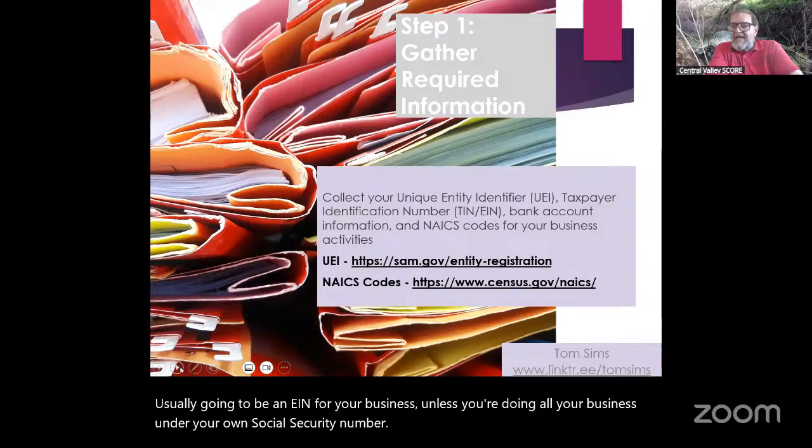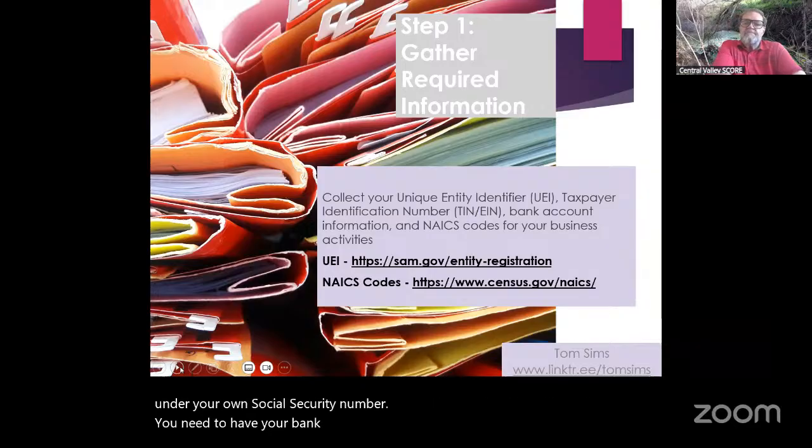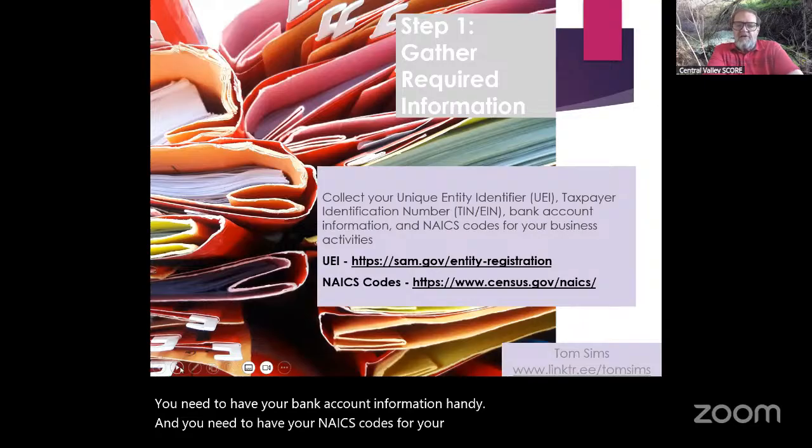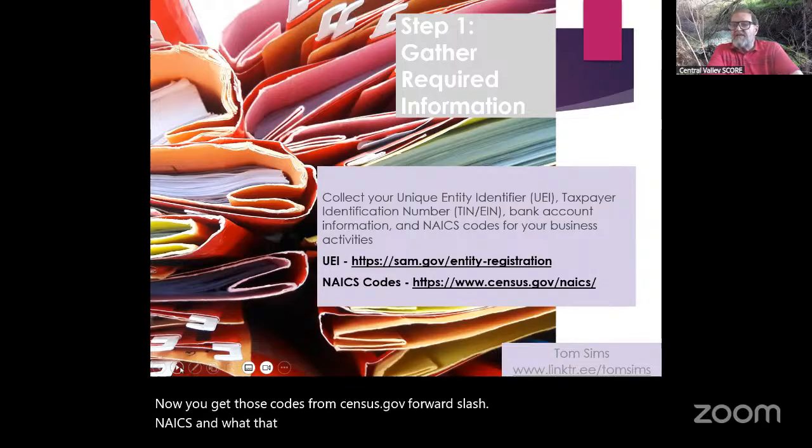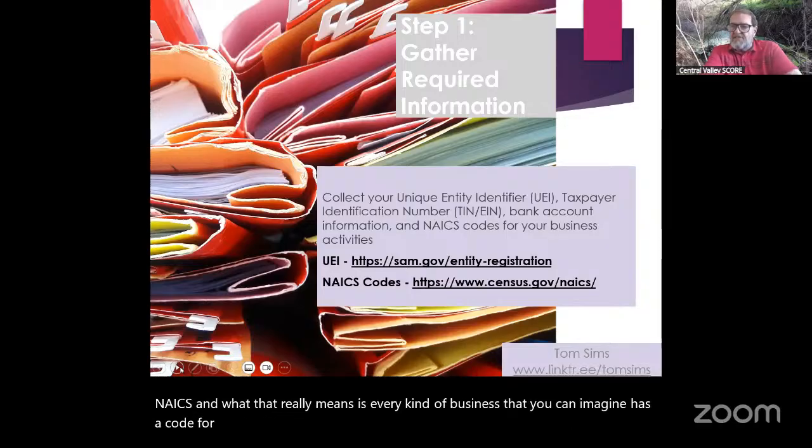You need to have your bank account information handy, and you need to have your NAICS codes for your business. Now, you get those codes from census.gov/NAICS. What that really means is every kind of business that you can imagine has a code for the type of business it is, and you need to identify which one best describes your business.